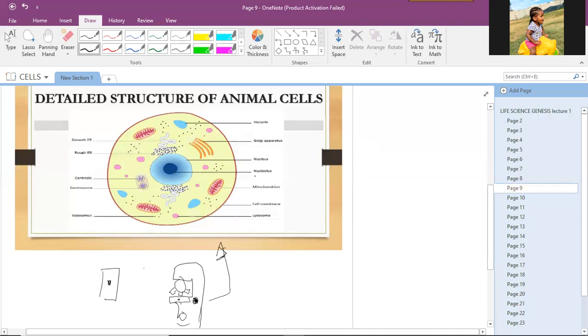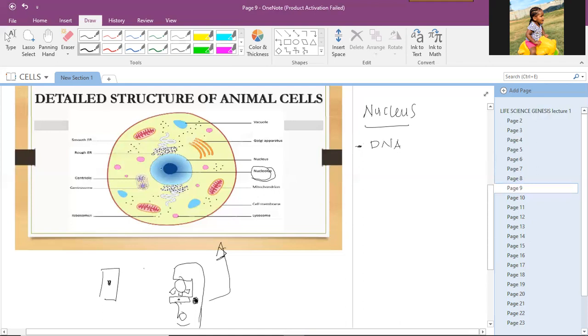So let's talk about some of these structures that are important one by one. We're going to start off with the nucleus. Right here, the nucleus. So what is the function of the nucleus? The nucleus contains DNA. Do you see the nucleus structure there?